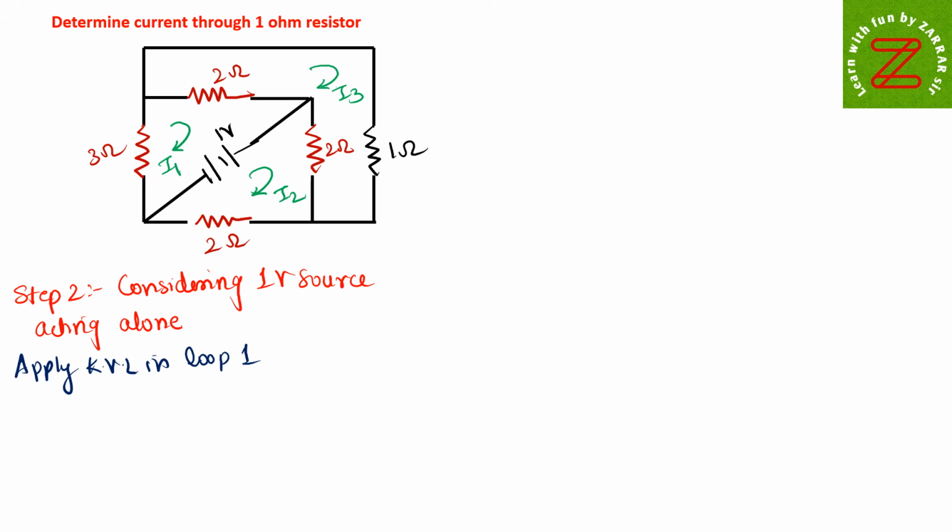If you apply KVL in loop 1, you will get 3 plus 2 as 5i1 minus, this 2 ohm is in the third loop also, so 2i3, is equal to, as you can see, you are moving from positive to negative, you need to subtract, so you will write minus 1. So this is your equation number 1. Now similarly I'll apply KVL in loop 2.